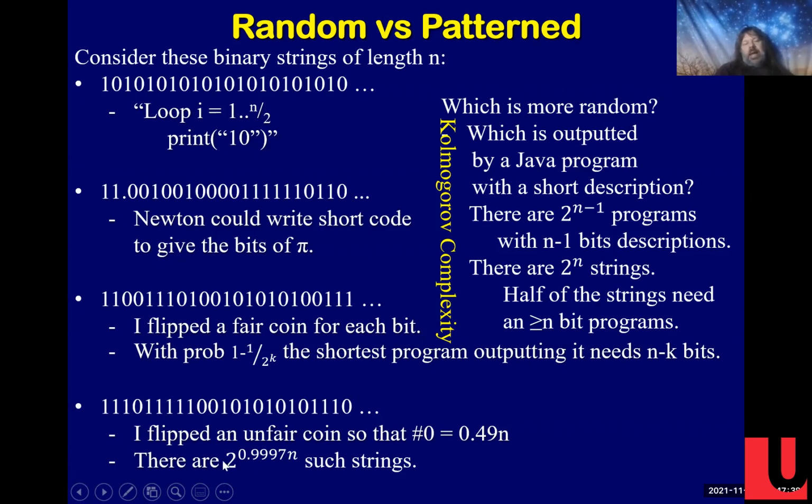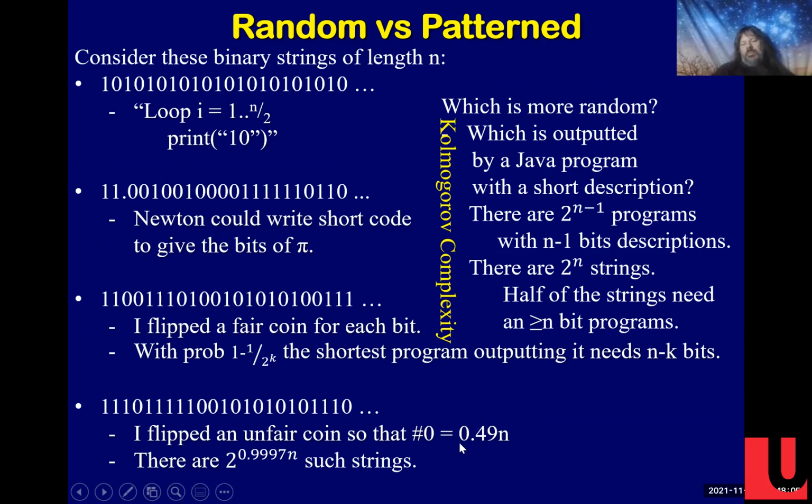And here, let me first tell you something about it. This is a string that has the property that the number of zeros is exactly 0.49 n. So I could ask how many strings have this many zeros? And the answer is, I rounded things a bit, but more or less this is the number of such strings.